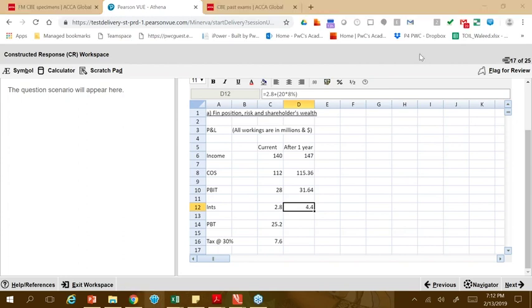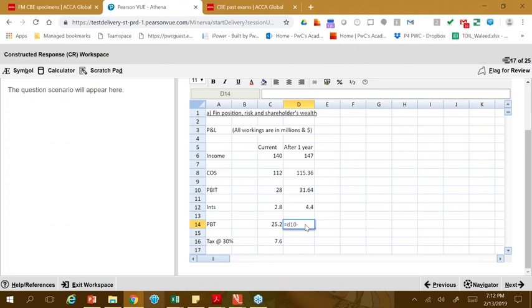Yeah, right answers going in. Thank you. The profit before tax now is D10 minus the D12. Tax is 30%. So we'll take now the D14 into 30%.